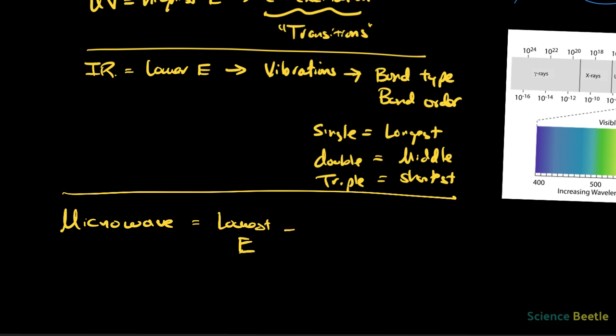Since there's a very low amount of energy associated with this type of wave, what we're going to learn from the microwave region is information about the molecular rotation of a sample, but the sample does have to be in the gas phase. That's one of the limitations. But when you use this technique and bombard the sample with microwave energy, that allows us to look at the energies involved in transitions that are rotational in nature for those molecules.